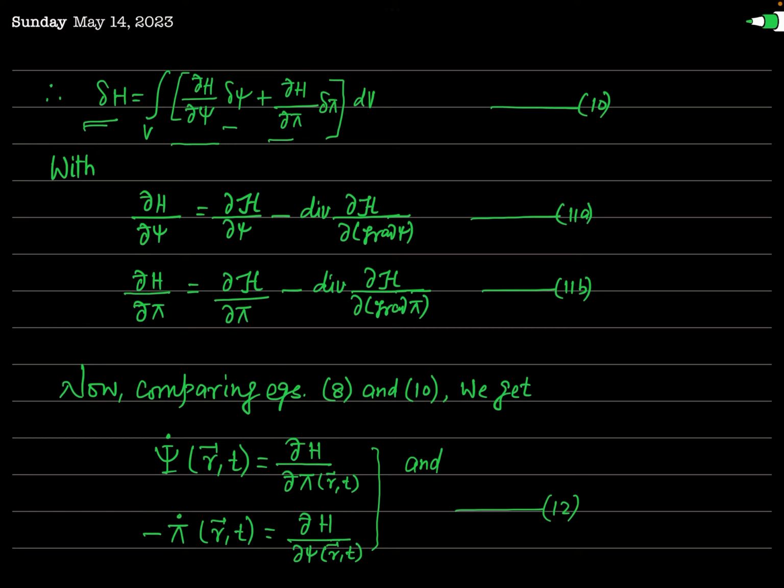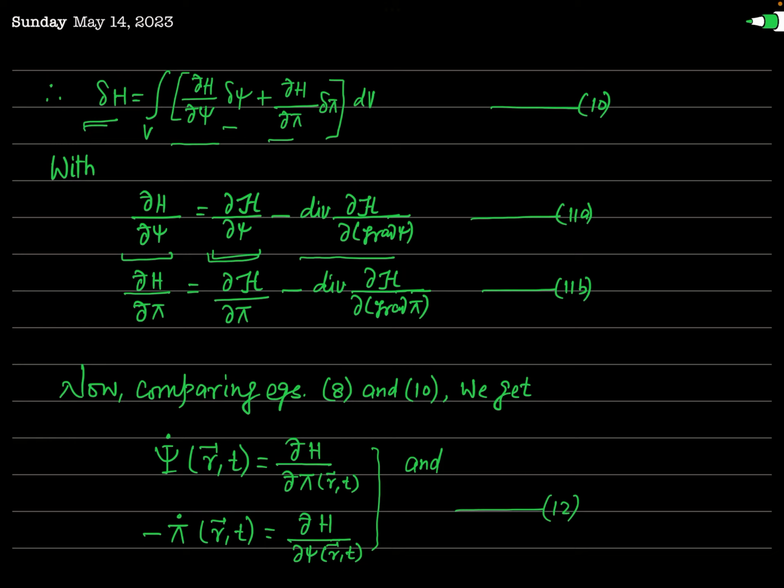Here the functional derivative of Hamiltonian H with respect to psi, written as del H by del psi, is defined like this. It is the partial derivative of the Hamiltonian density, this curly H, with respect to psi, minus the divergence of the partial derivative of the Hamiltonian density by del grad psi.